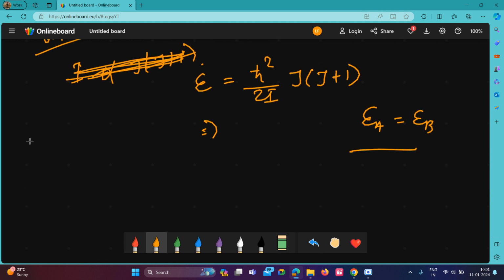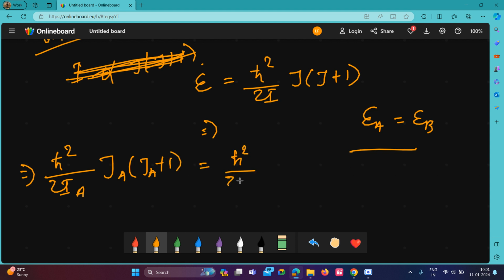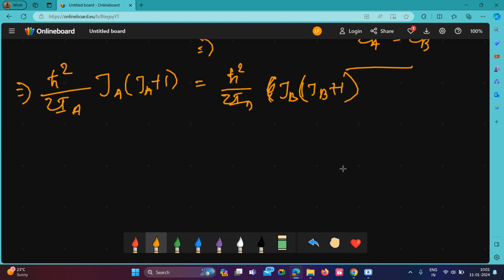So if I equate them, h bar square by 2I_A, J_A into J_A plus 1, equals h bar square by 2I_B, J_B into J_B plus 1.